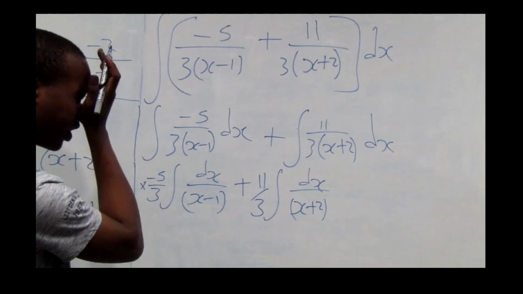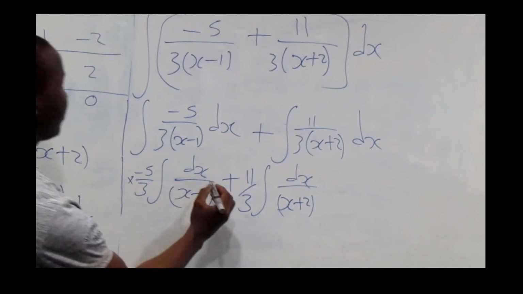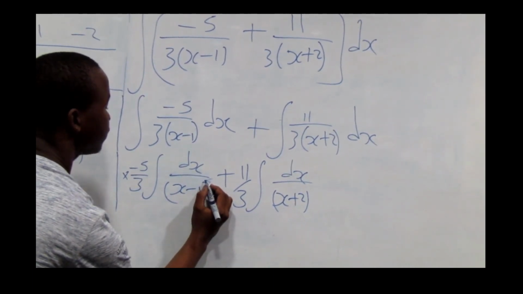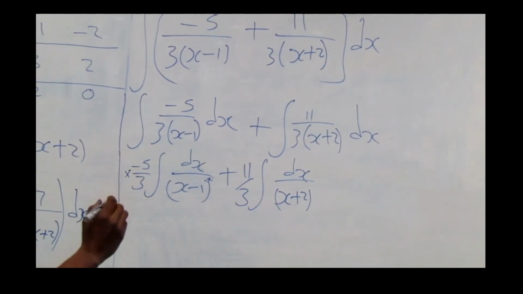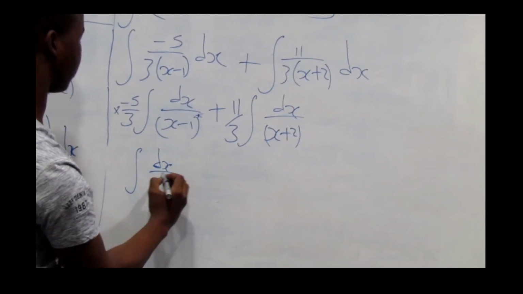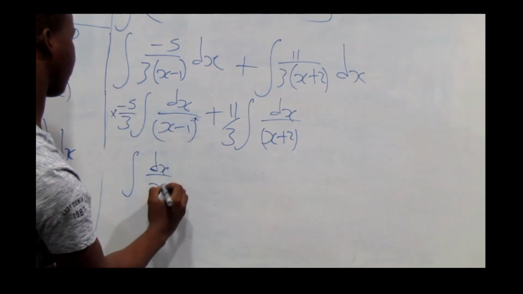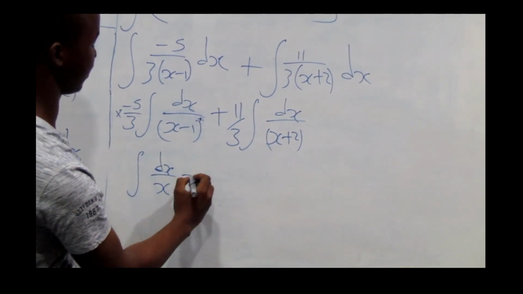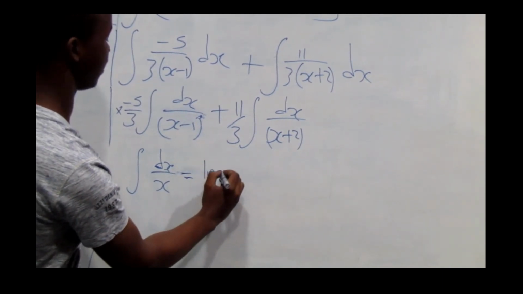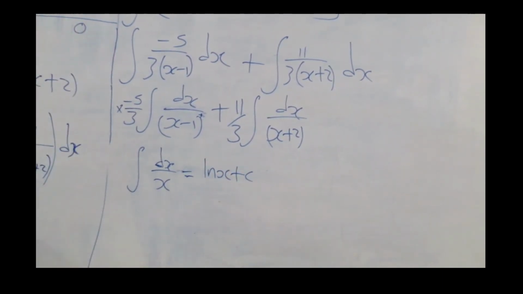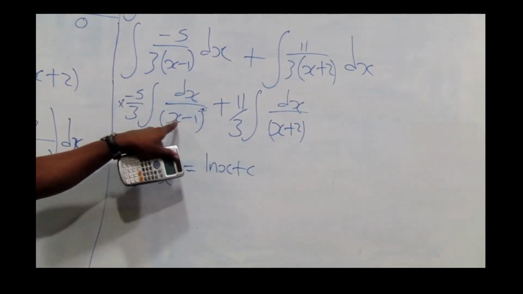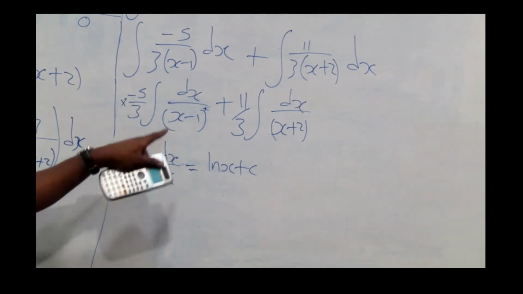Here the coefficient of x is 1. Remember, the integration of dx over x gives us ln x plus c. This is the basic formula, where here our x is x minus 1.